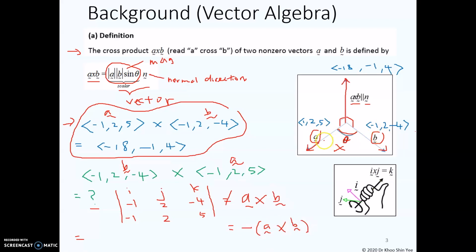Previously you obtained A cross B in this direction, and you can find it by using the right hand rule. Let's say this is your A direction and this is your B direction. When you take A cross B, you can use the right hand rule to obtain the final result. Follow your thumb when you cross your fingers from the I direction to the J direction.